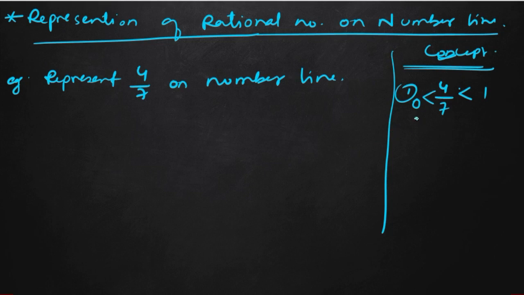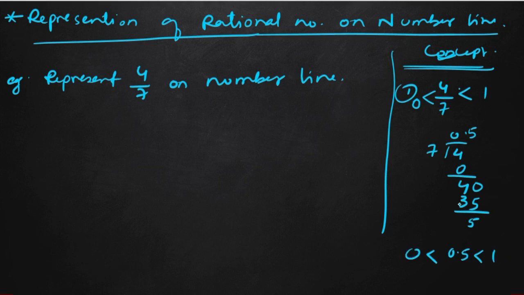How? If we divide it, 7 zeros are 0, 40, 7 fives are 35. So the answer is 0.5. That means it is greater than 0 but less than 1. So 4 by 7 lies between 0 and 1.